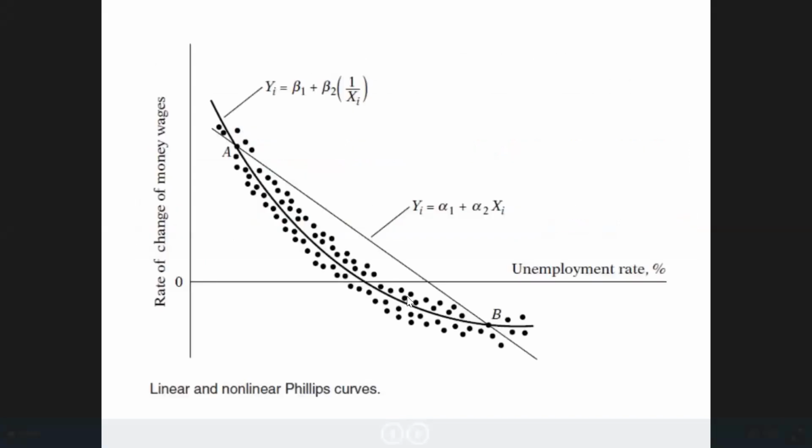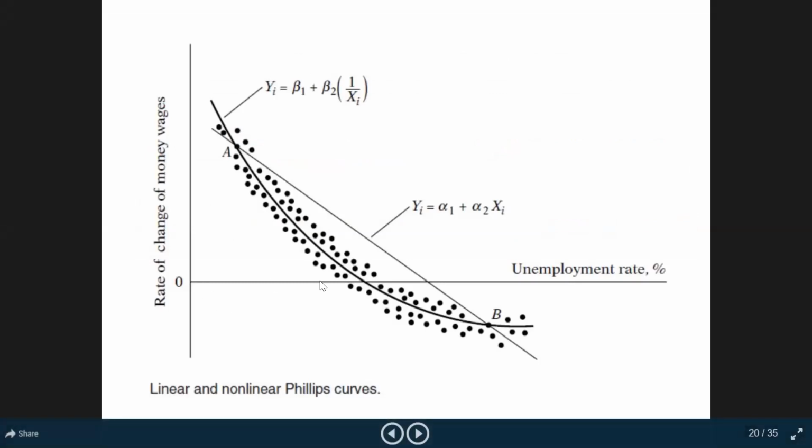Now look at this figure. This is the unemployment rate on the x-axis, and this is the rate of change of money wages. Here there are two functional forms. One is y equal to alpha 1 plus alpha 2 xi, another is beta 1 plus beta 2 times 1 over xi.